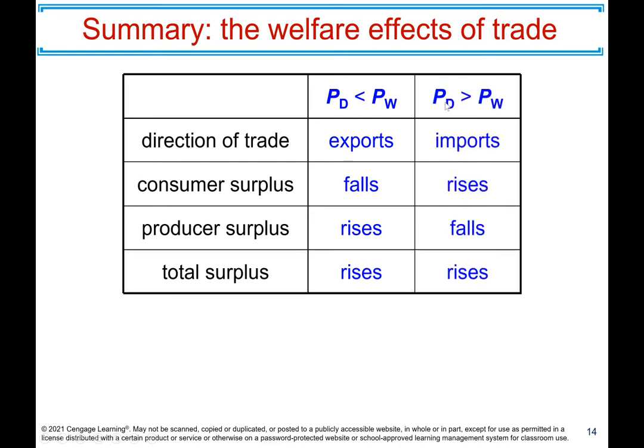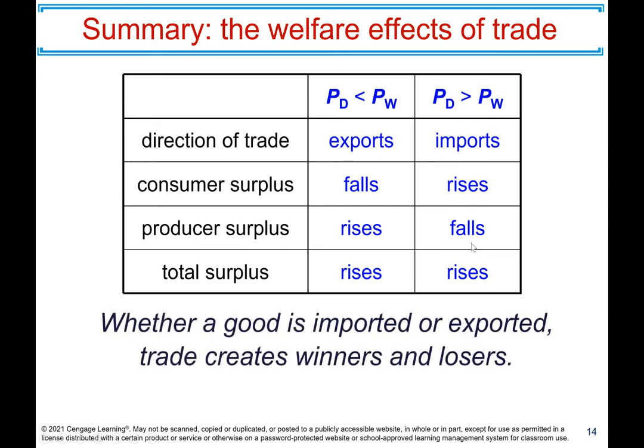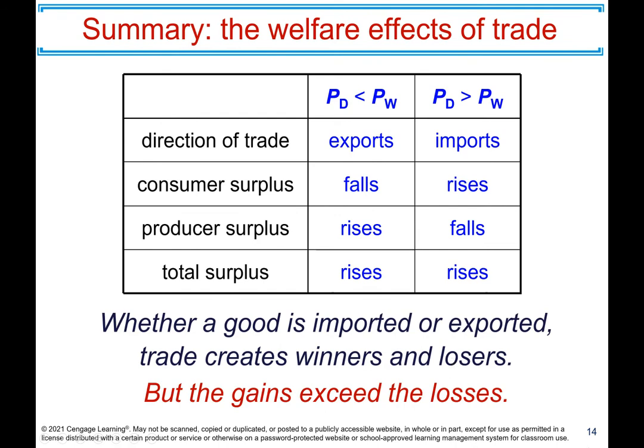When the domestic price is higher than world price, the country will import this product. Consumer surplus will rise, producer surplus falls, and total surplus rises. Whether a good is imported or exported, trade creates winners and losers, but the gains exceed the losses.